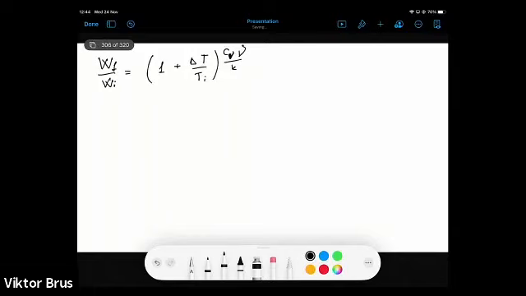So that is the expression for V equal constant.